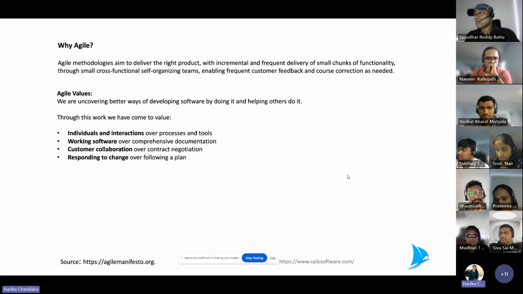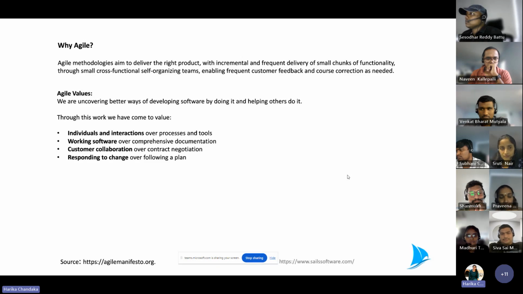It doesn't mean that the things on the right side are always ignored or deprioritized, but our main motto and focus with agile is the left side part. Okay. I hope I'm making this clear, and just stop me if anyone has any questions.